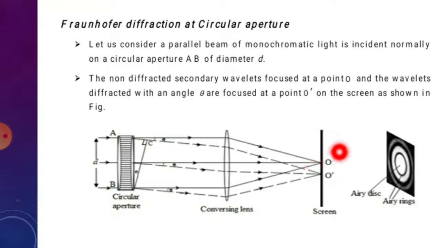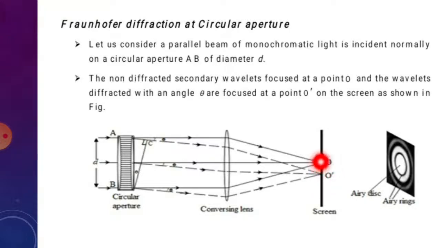So, the resulting diffraction pattern on the screen is in the form of a circular shape like this. The central disc is called iris disc, which is known as central maxima or principal maxima, surrounded by alternate bright and dark rings which are known as iris rings. Here, the point O dash will be of maximum or minimum intensity.